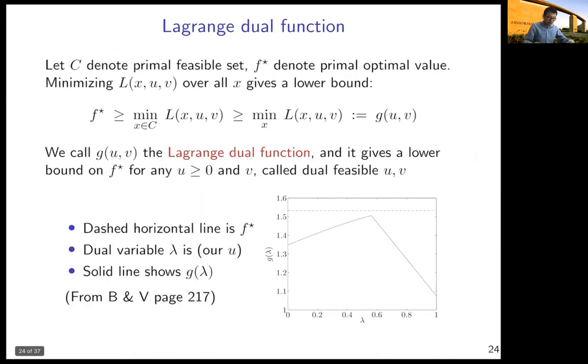Okay, so using the same argument that we had before, if we minimize the Lagrangian over either the feasible region or further relax it by minimizing over everything, then we keep getting a relaxed lower bound of the optimal objective function value, since this is the min of f of x.